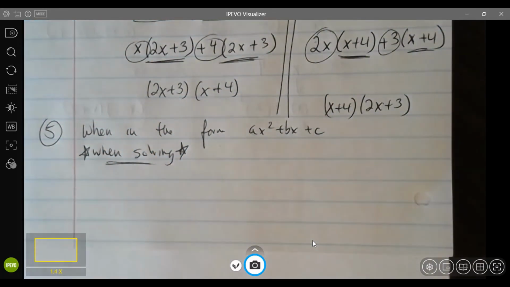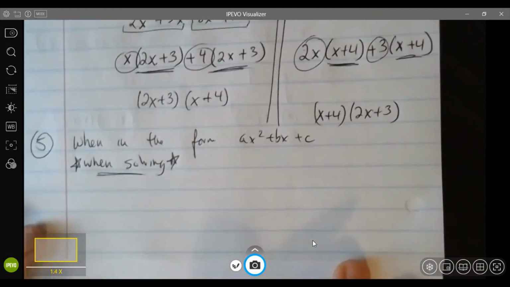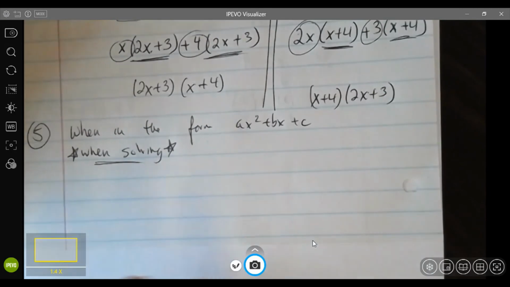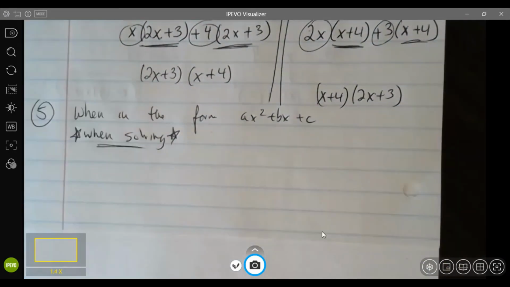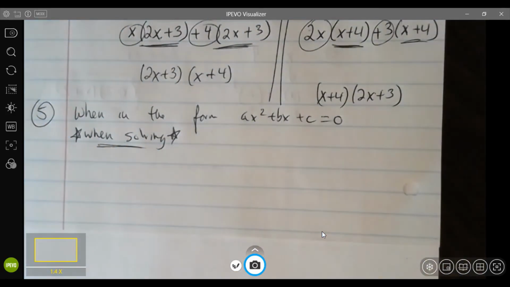If they are just asking you to factor, then you need to use one of the 4 methods that I listed. If they ask you to solve, which they do in 26 to 34, and you have a quadratic, it's safe to go ahead and use the quadratic formula. So if you're solving this, let's say equals 0, it's safe to use it.